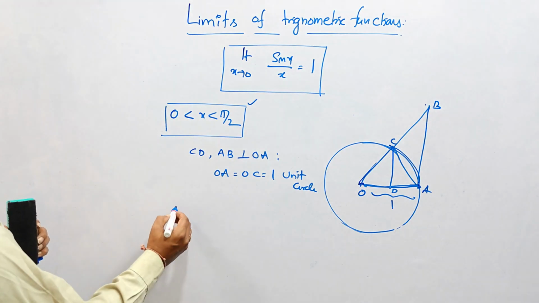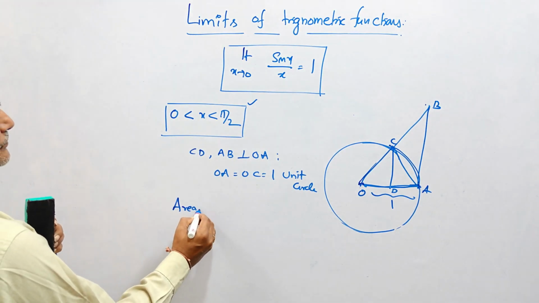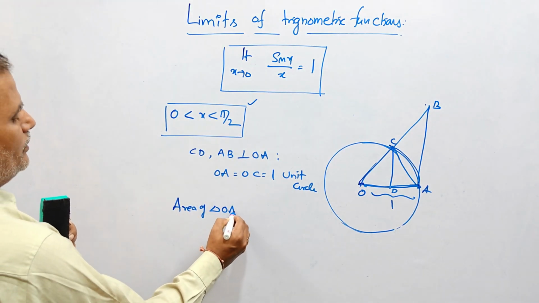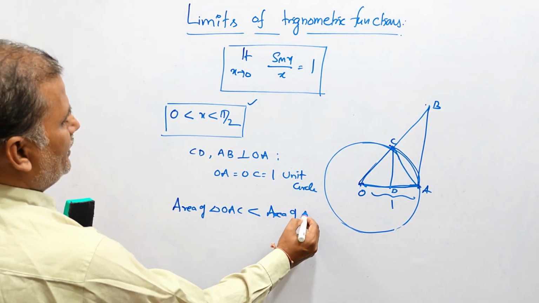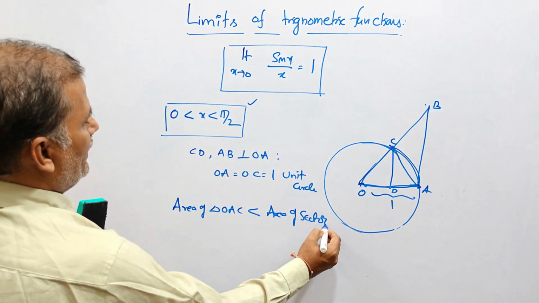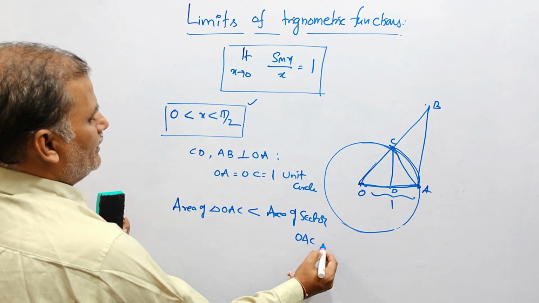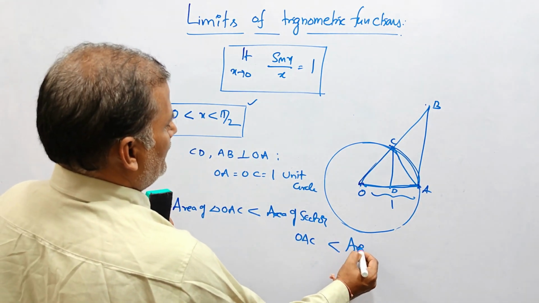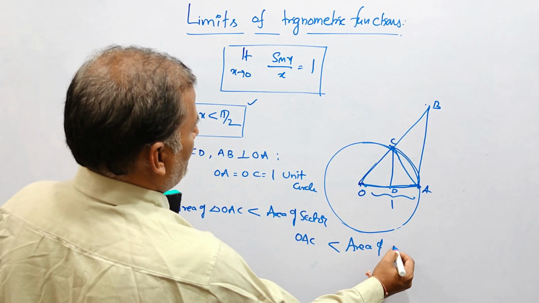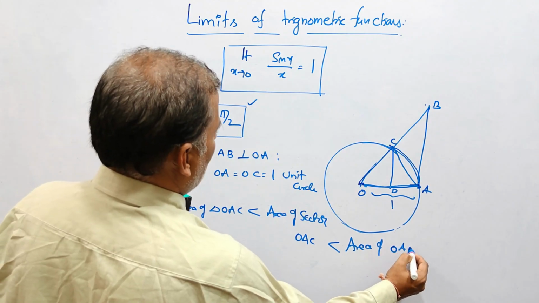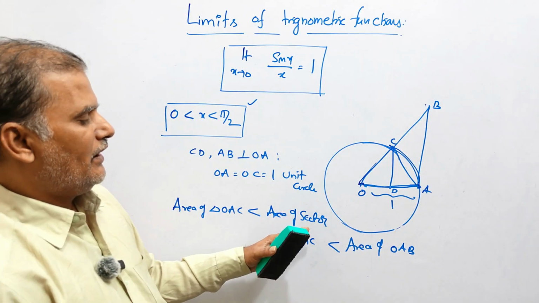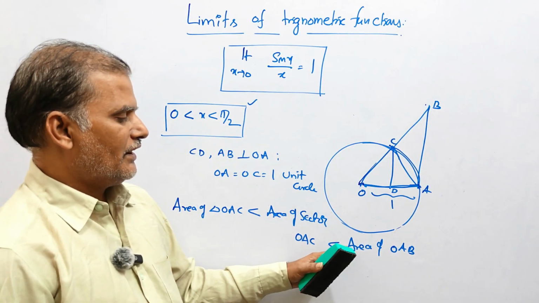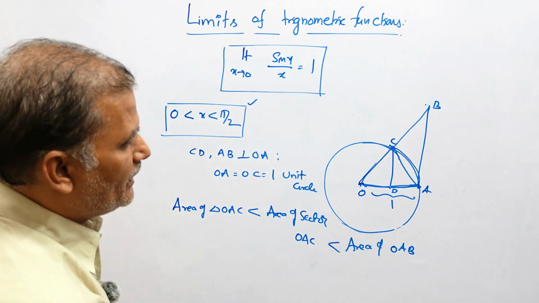By observing this, area of triangle OAC is less than area of sector OAC, which is less than area of triangle OAB. So the triangle is less than the sector, and the sector area is less than triangle OAB.